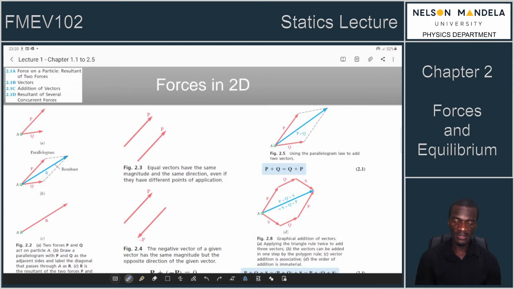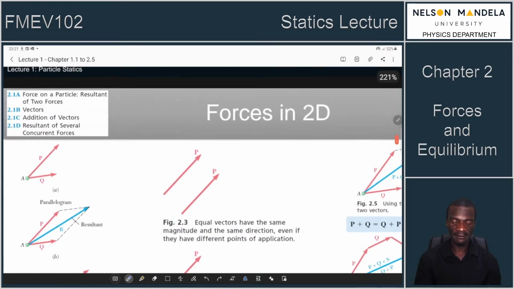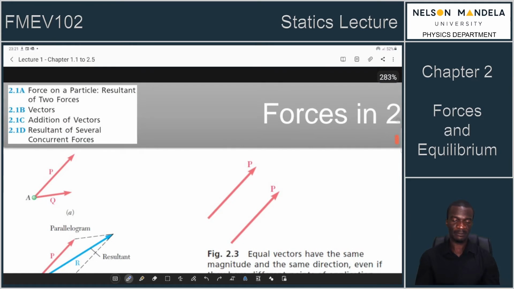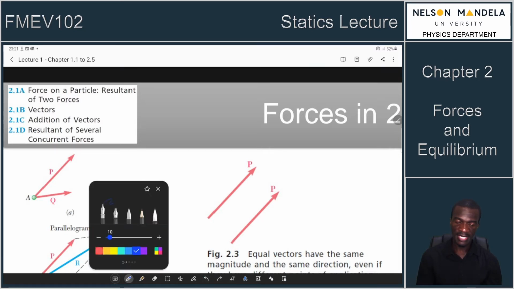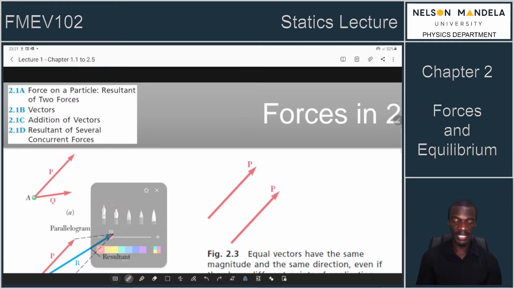Right, so let's look at the principles that govern forces in 2 dimensions. Forces in 2 dimensions are governed by the following 4 principles. There's a principle of finding the resultant of two forces. This principle is demonstrated by the following case.